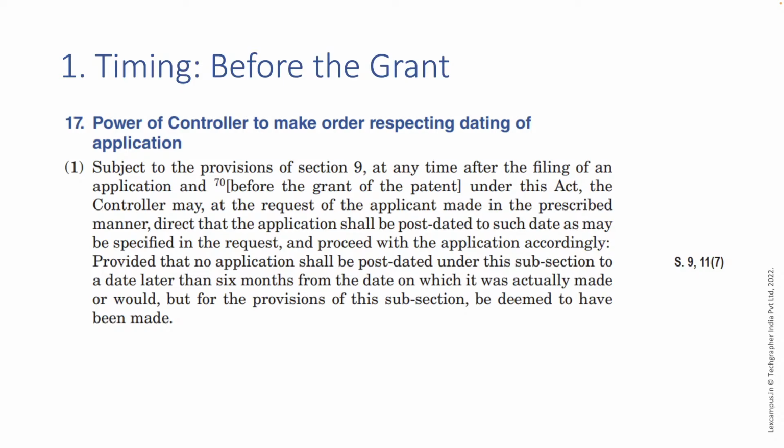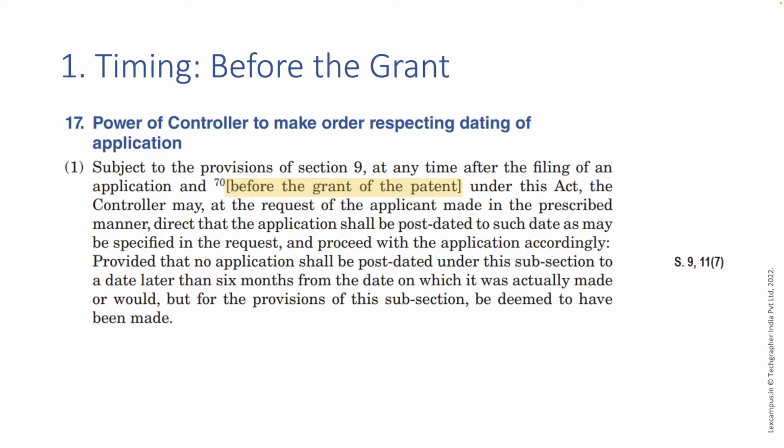We get this from the section where it is mentioned that, subject to the provisions of section 9, any time after the filing of an application and before the grant of a patent.